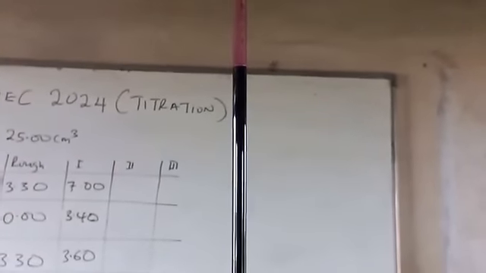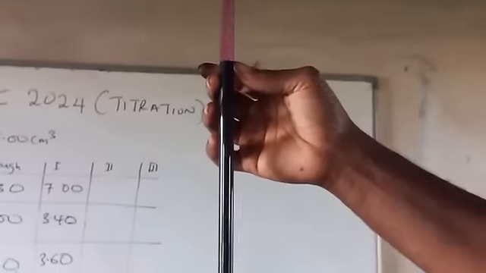So we are now starting the second titration at 7. That's the initial reading now. And then we'll start titrating.